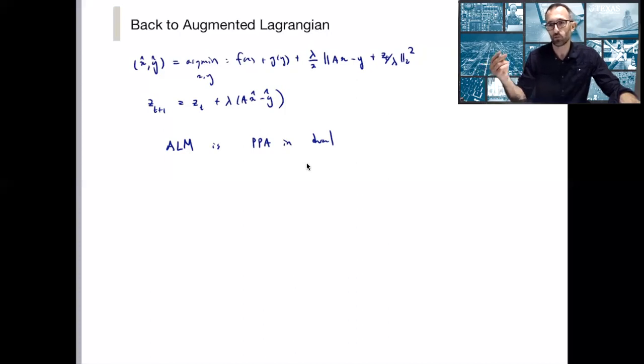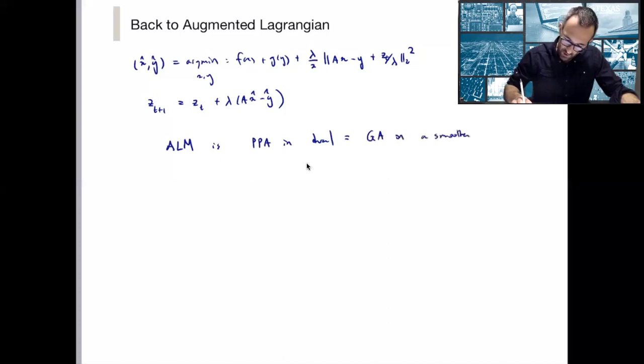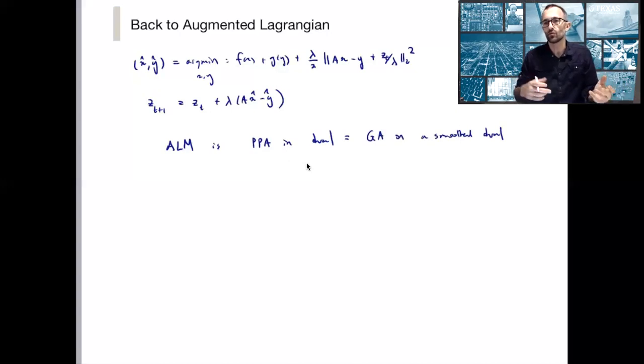In the dual, this would be gradient ascent on a smooth dual. So this is equal to gradient ascent on a smoothed dual, which again makes sense because of this duality of strong convexity and smoothness.